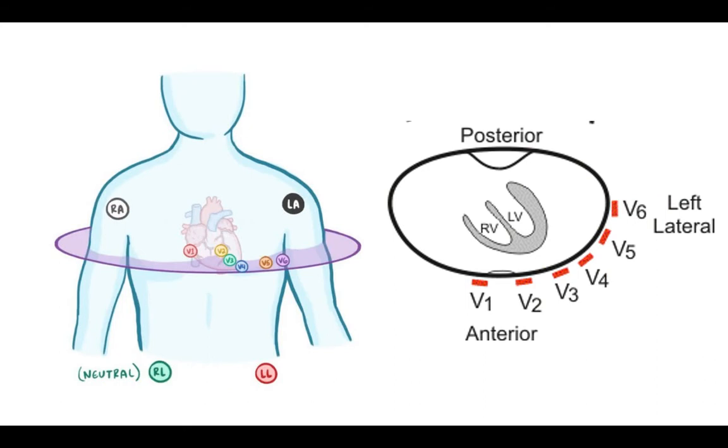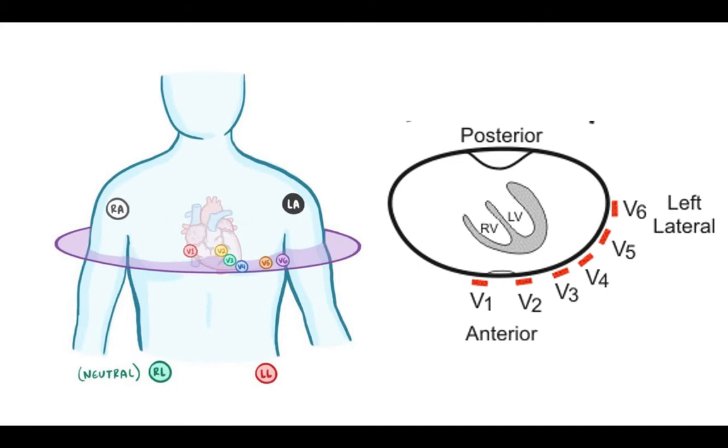Now let us see the chest leads. The chest leads are oriented in a transverse plane. Chest leads are from V1 to V6, right? As in the frontal plane or coronal plane, you have already seen that whenever a vector moves towards the direction of a lead, the lead will give positive deflection.